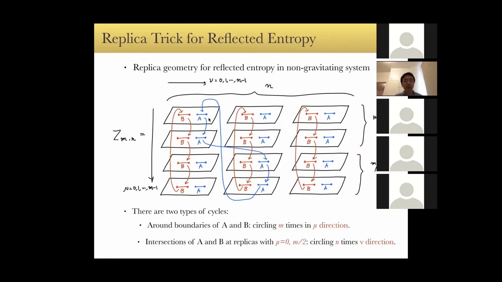In particular, if you circle around the boundaries of A and B, as you can see in the figure, you have to go through m different replica sheets. For A, it's described by the blue arrows, and for B, it's described by the red arrows.